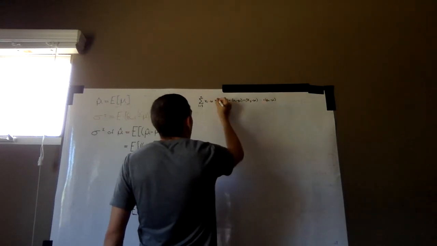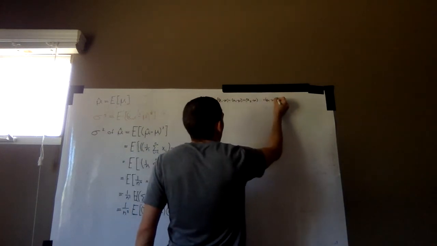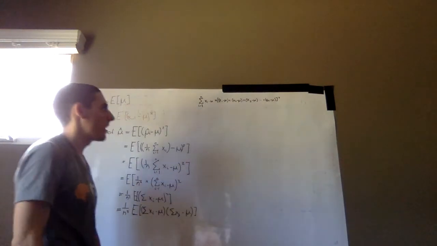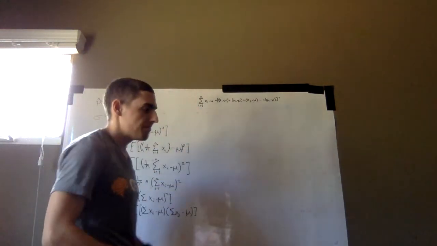And we're going to multiply this by itself, squared. So there's a question of how to do this. This seems like a lot of stuff to multiply.